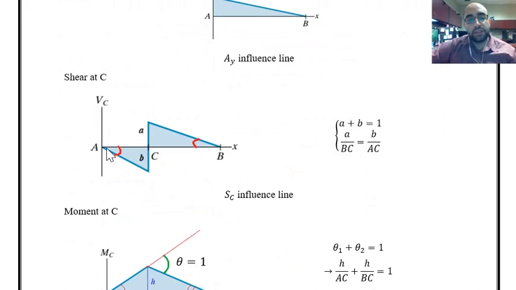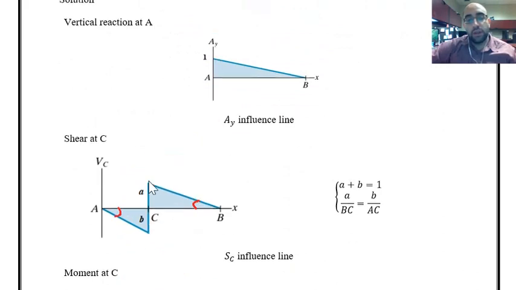Once you do that, you can see a situation like this. I know I'm going to have two portions, A and B, as the lengths of these segments of the displacement. I know the total displacement that I applied is equal to 1, so A plus B is equal to 1.